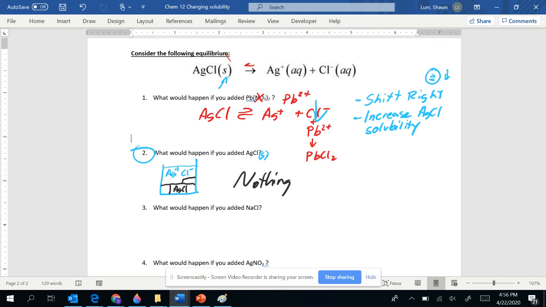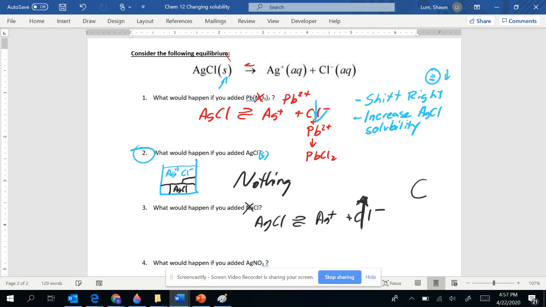Now next question: what would happen if you added NaCl? We've talked a bunch about it. Na is a spectator, so we're going to ignore it. So here we have AgCl turns into Ag plus Cl minus. We're increasing the concentration of Cl minus, so this is going to go up.